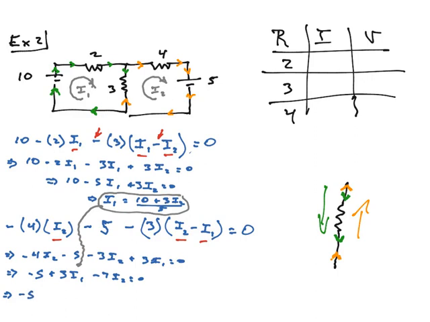What do we get? Minus 5 plus 3 times (10 plus 3i2) over 5, minus 7i2 equals 0.